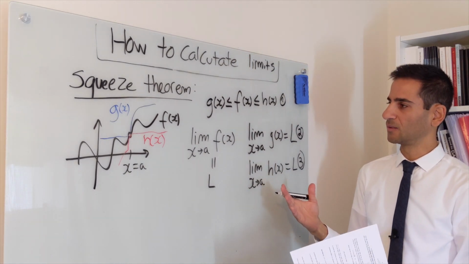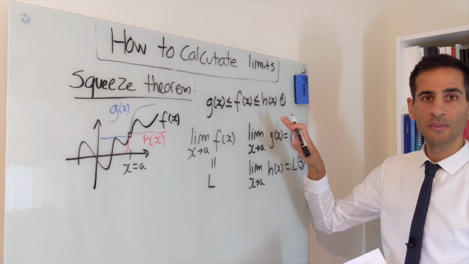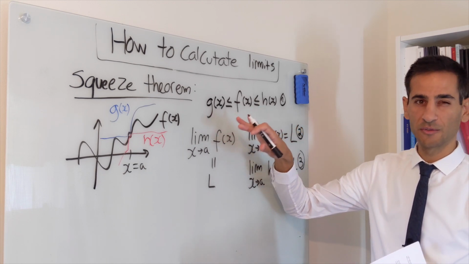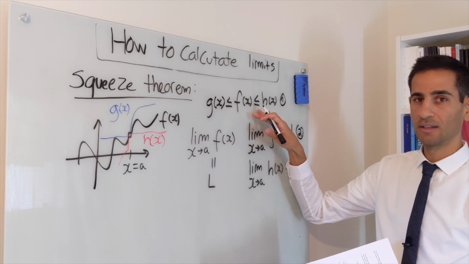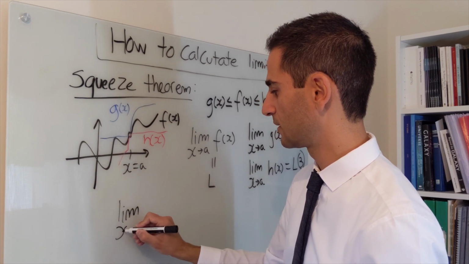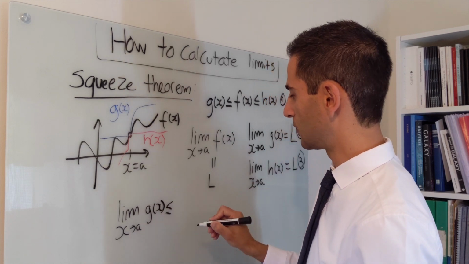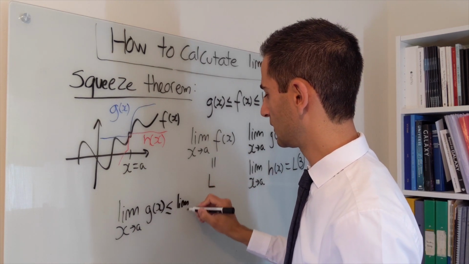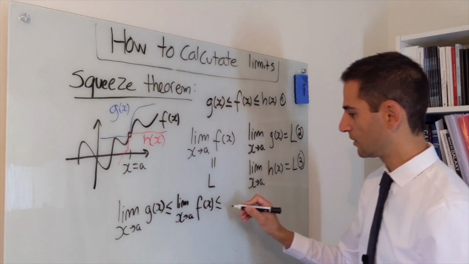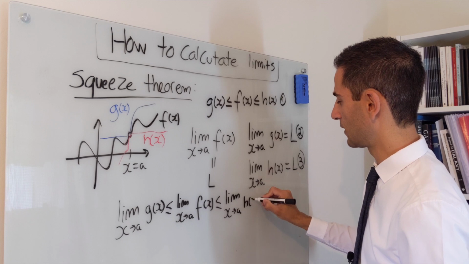And a nice way to look at this is if in the vicinity of x equals a this holds true, you can also take the limits of the three expressions or functions which will retain the conditions. So let's try to do this. Taking the limit when x goes to a, the limit of g of x is lower or equal than the limit when x goes to a of f of x, which is lower or equal than the limit when x goes to a of h of x.